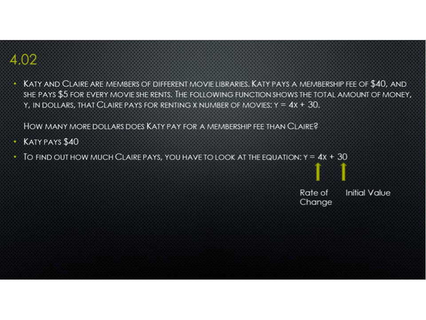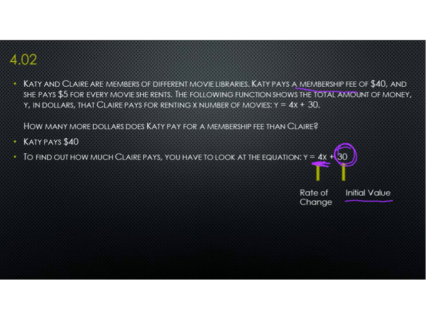You have to keep in mind that the initial value is always the number at the end without the variable. The initial value shows how much the situation started at. Because the initial value in this situation represents the membership fee, that means $30 would be her membership fee that she paid up front. The rate of change is always the value next to the variable.